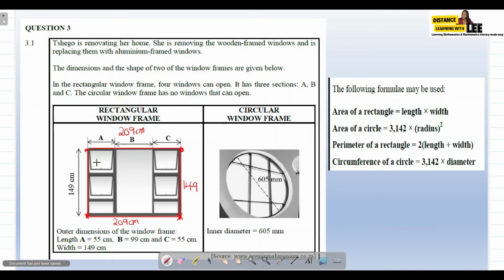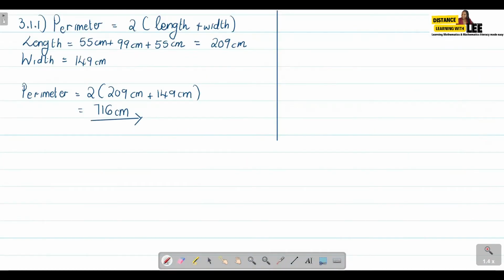So if you take 209 plus 149 plus 209 plus 149, you will see that you still get that perimeter of 716. Okay, but since we're given the formula, you don't really have to worry about that. But obviously I gave you that additional information for what would happen if you were not given the formula.